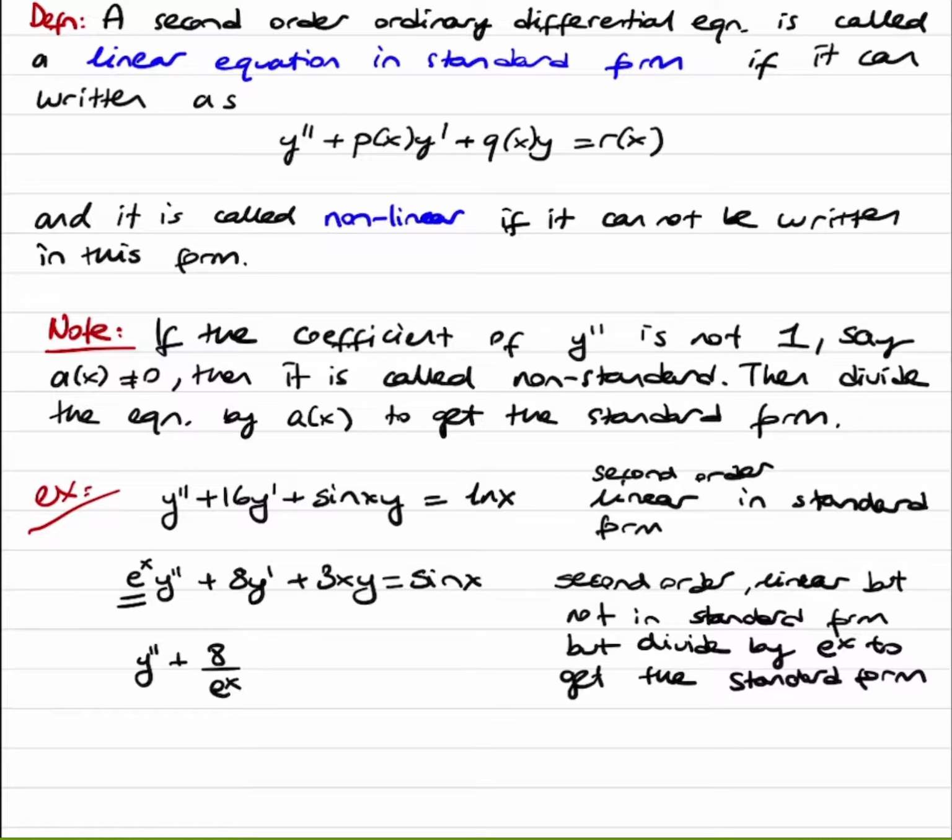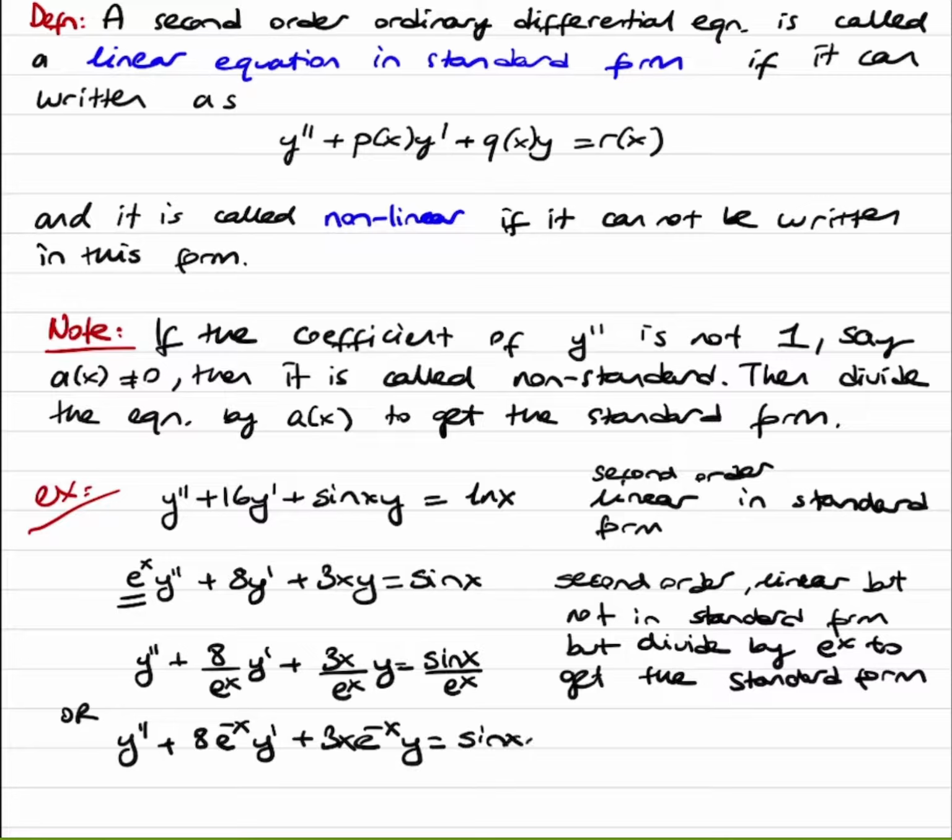So y double prime plus 8 e to the power minus x y prime plus 3x e to the power minus x y is equal to sine x e to the power minus x. Now it is in standard form.